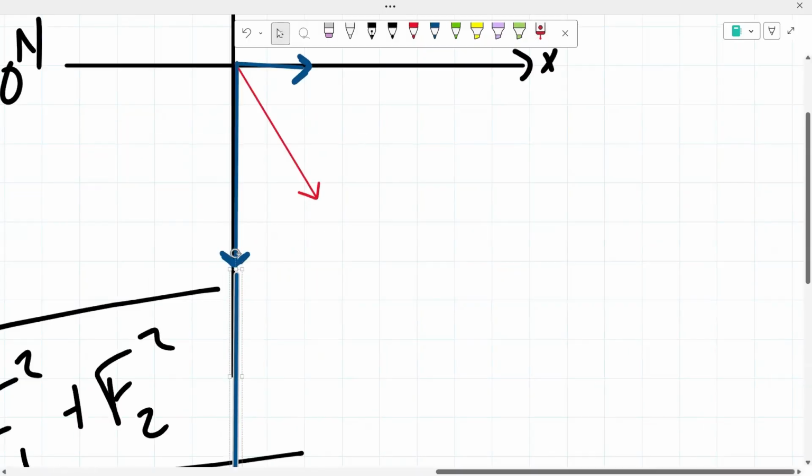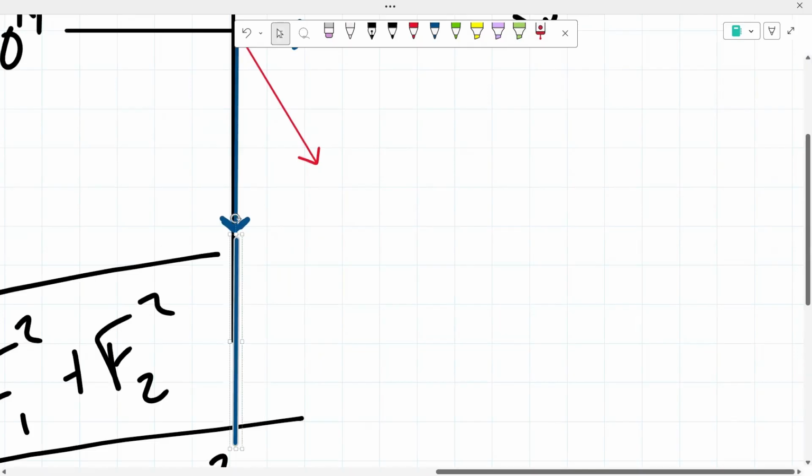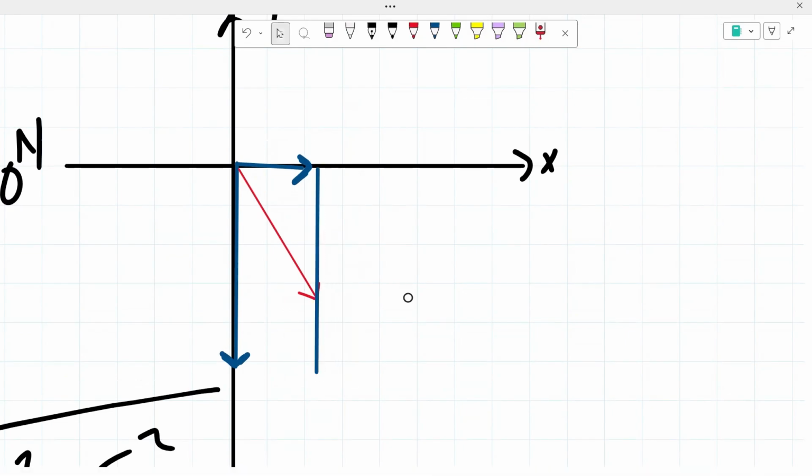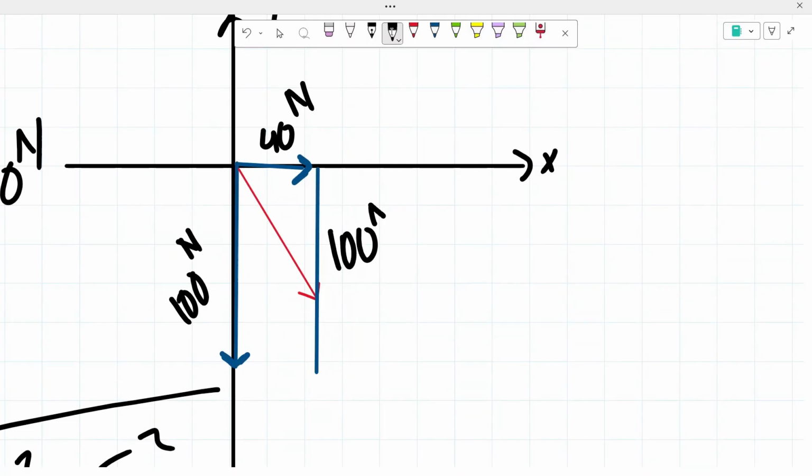So to find that, I'm just gonna close off right here the triangle, making a triangle. We know that this side equals 40 newtons. We know that this side is equal to 100 newtons. We know that this side is the same as this side right here. So we know that that also has a value of 100 newtons.